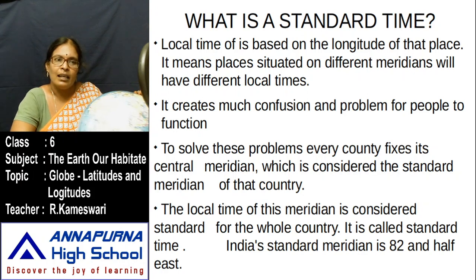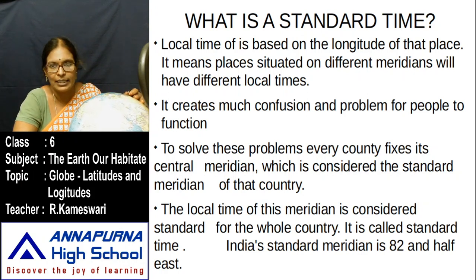Next, what is standard time? Local time is based on the longitude of a place. Whichever longitude passes through our area, those people take that as the local longitude. It means the places situated at different meridians will have different local times.